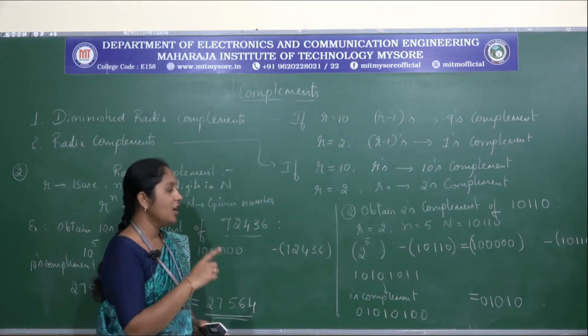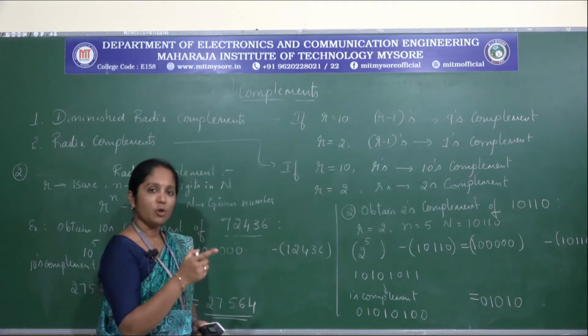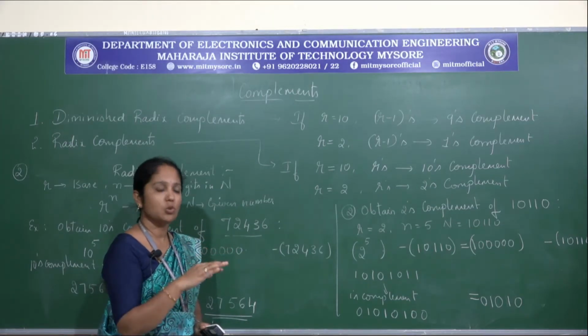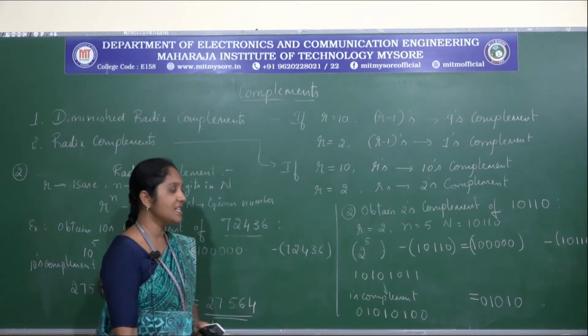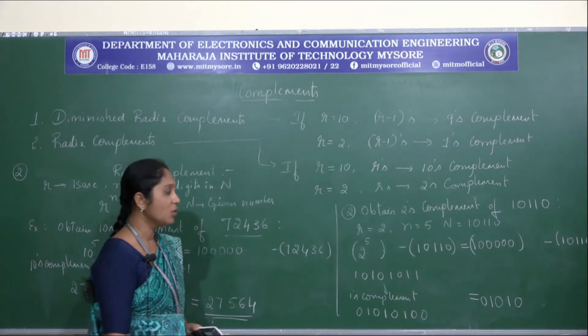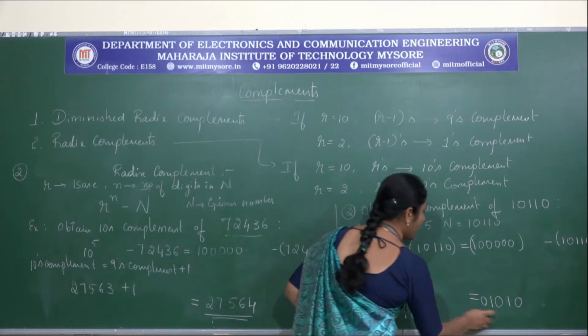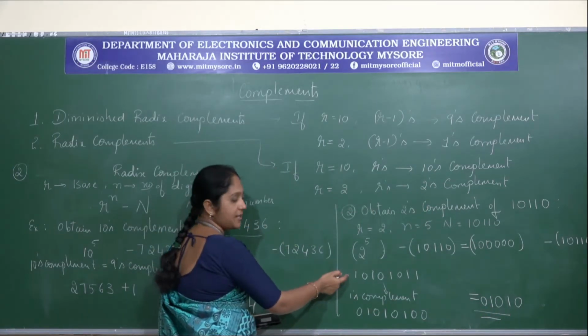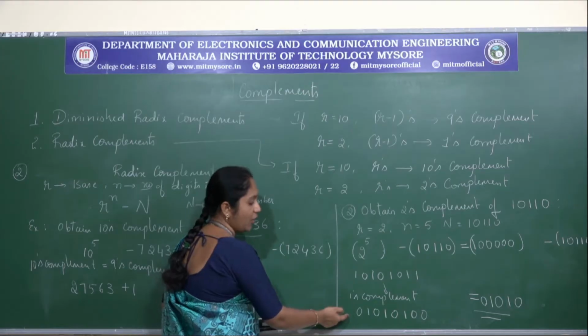So earlier we had 0 1 0 1 0, plus 1 will make the last bit, whatever 1 we have, that as 2. So I have represented the result as 0 1 0 1 0. This is the 2's complement of the given sequence. Yes, so if you consider this example, we have the 1's complement already.